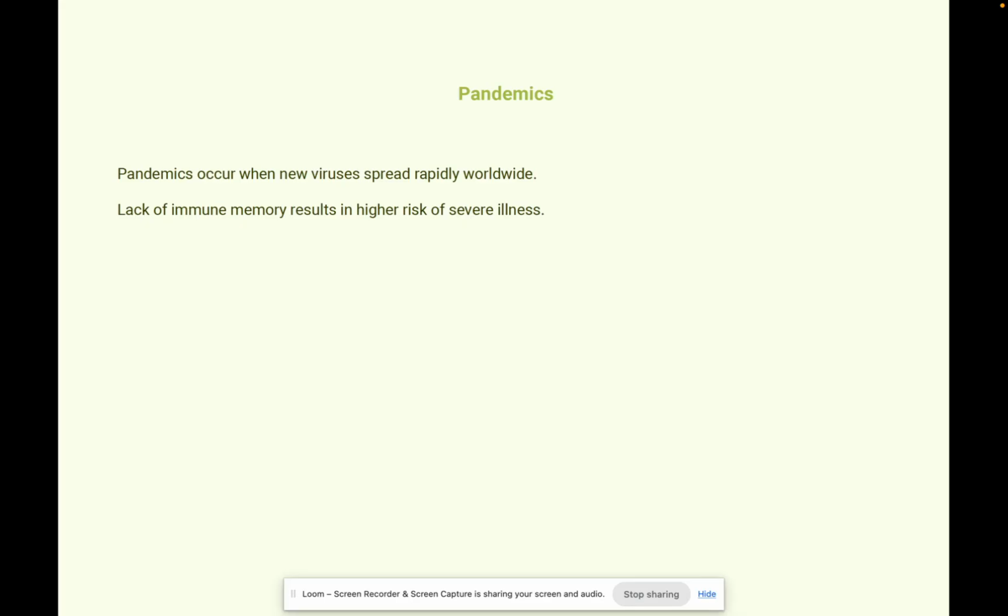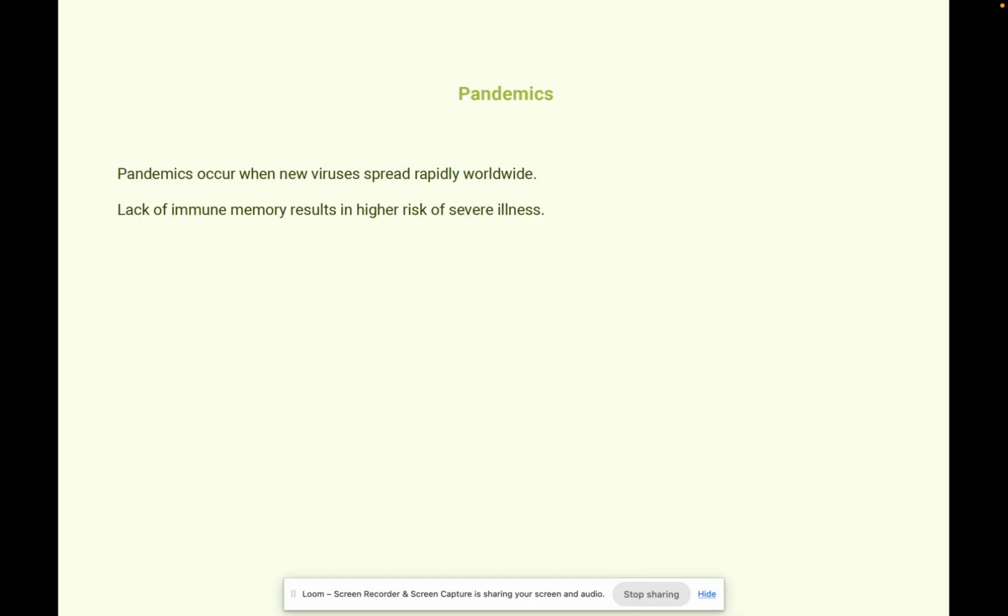So when we talk about pandemic, it's very common and it's very fresh in our minds what happened during COVID. That is considered a pandemic because it actually spread rapidly worldwide, right? That virus, COVID, spread worldwide. And of course, the ones most affected are the elderly clients, vulnerable clients, clients with a low immune system, right?